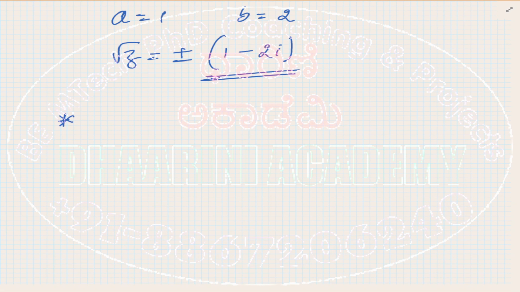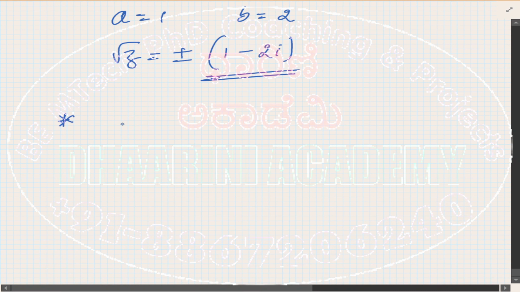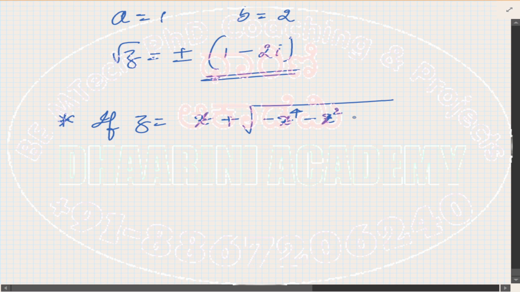Either a repeated question from one of the, I think CET paper, right? Okay, find the root of, if z is equal to x plus root of minus x to the 4 minus x square minus 1.